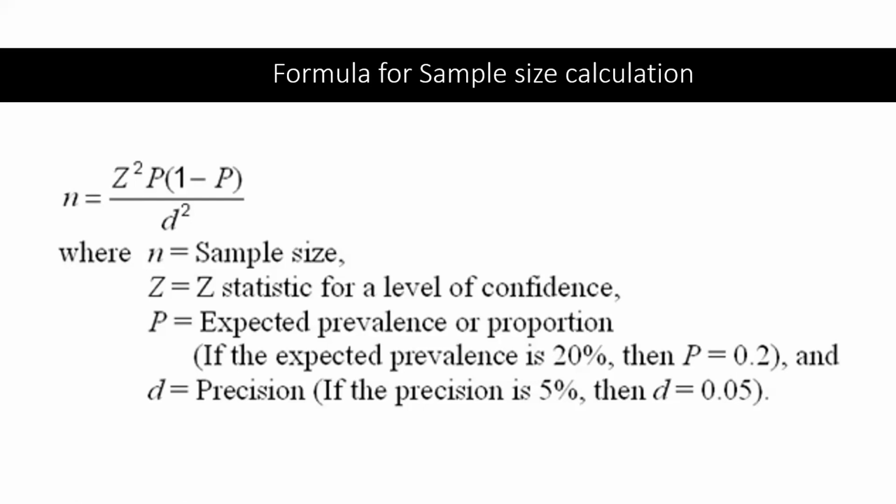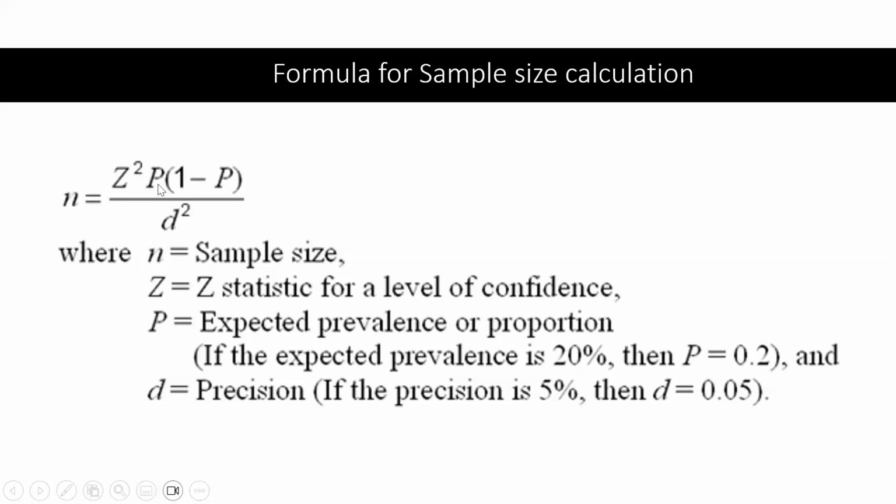So N is directly proportional to the Z value, and then the expected prevalence. P is nothing but the expected prevalence, and D is the precision. Okay, so P into 1 minus P is the standard deviation.